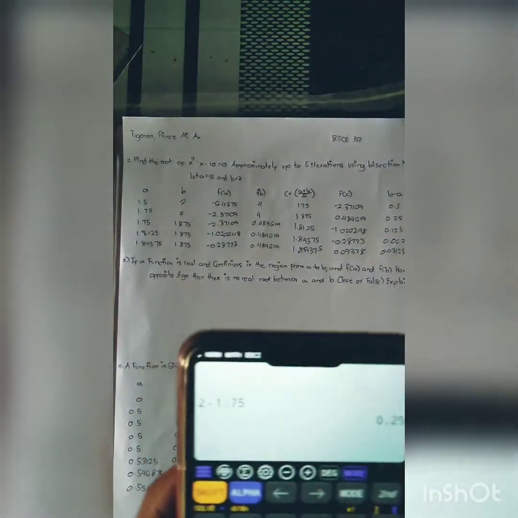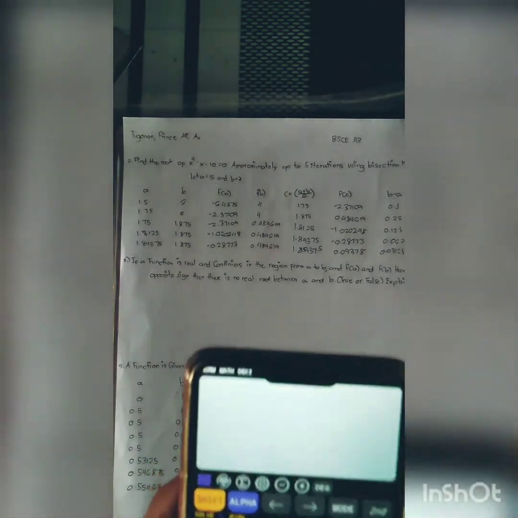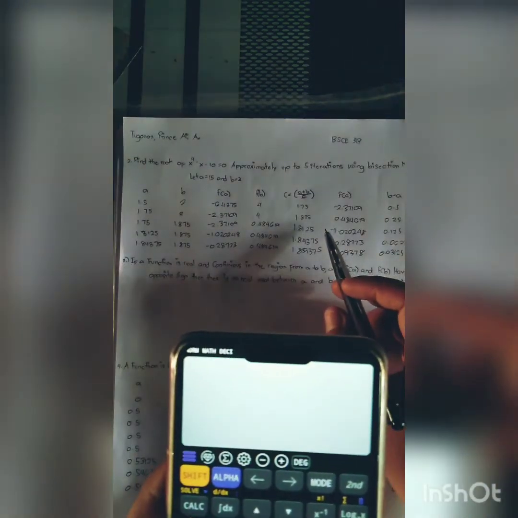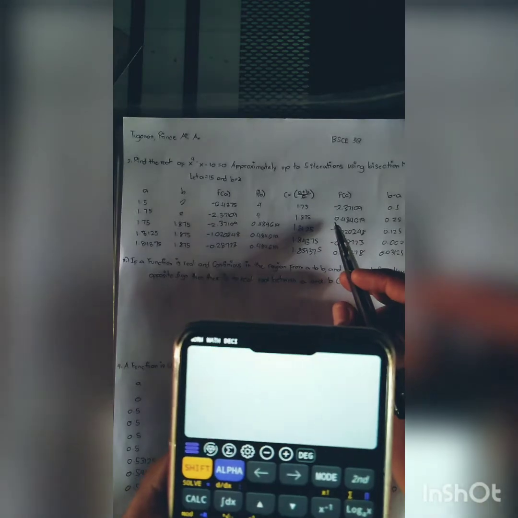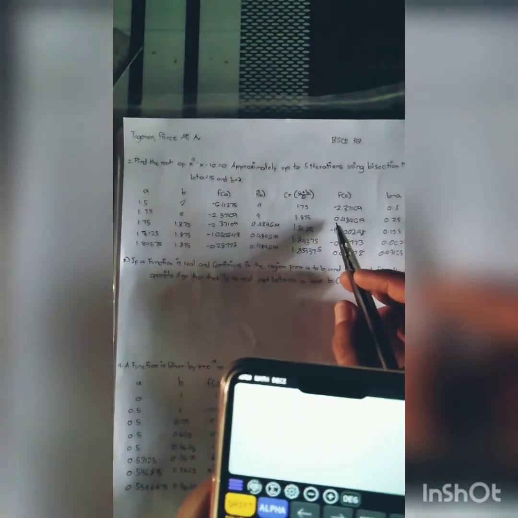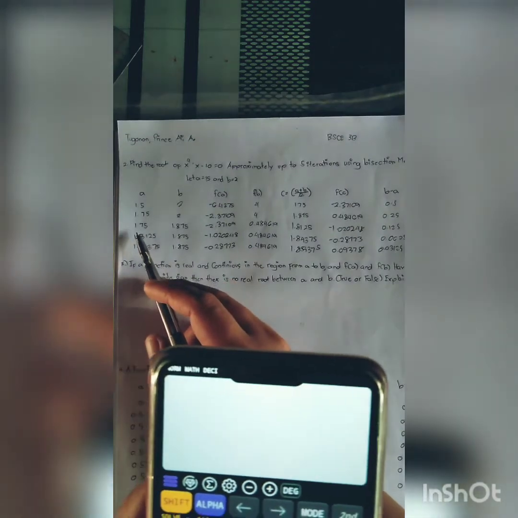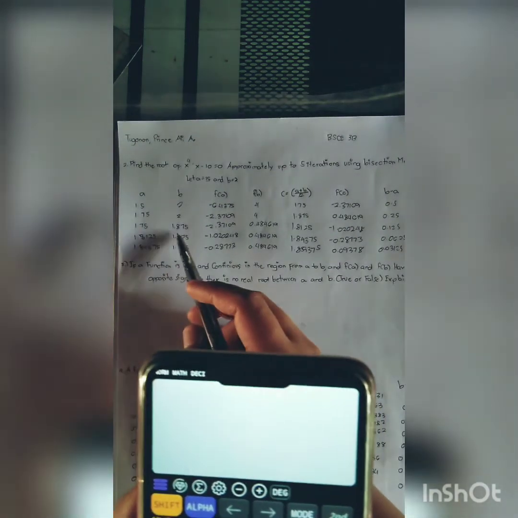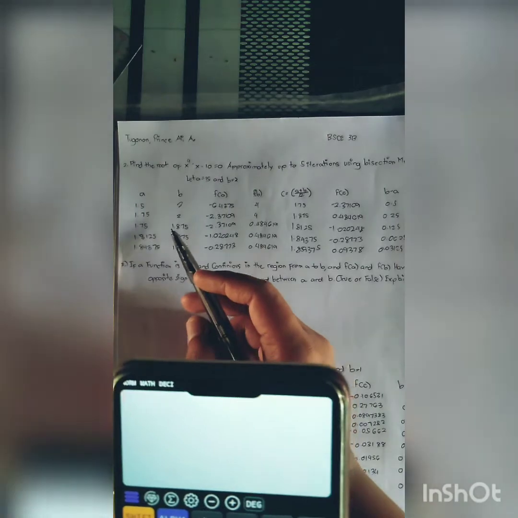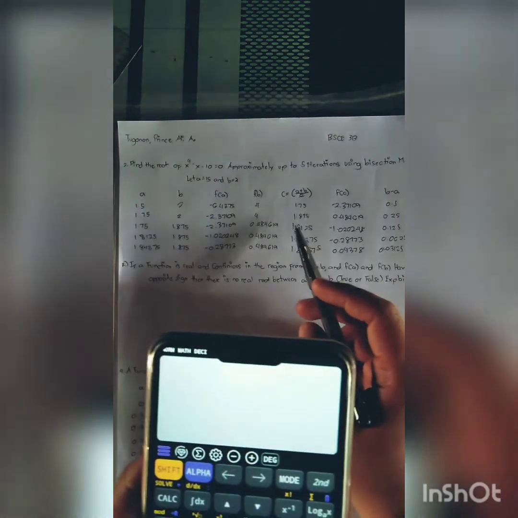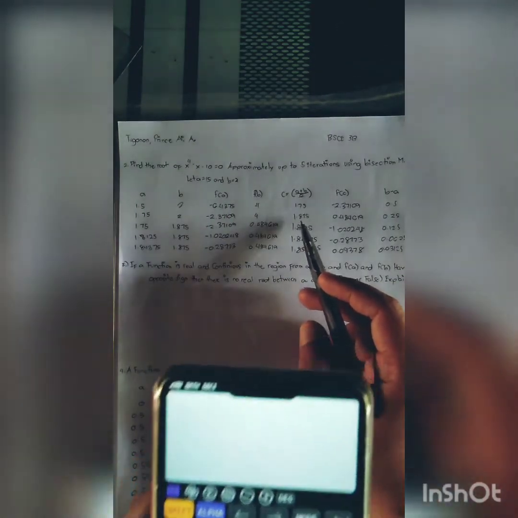Now, next is the third iteration. So, the function of c is positive, so the value of a remains the same, while the value of b will be substituted with the value of c, which is 1.875.